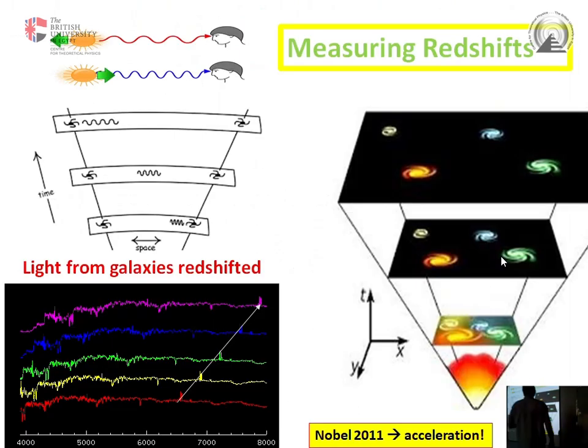So redshift is relatively simple. The galaxies are going farther and farther apart. The wavelength of light is going towards the red, like sound goes towards longer wavelengths, so light goes to longer wavelengths, as red. So you can measure that.